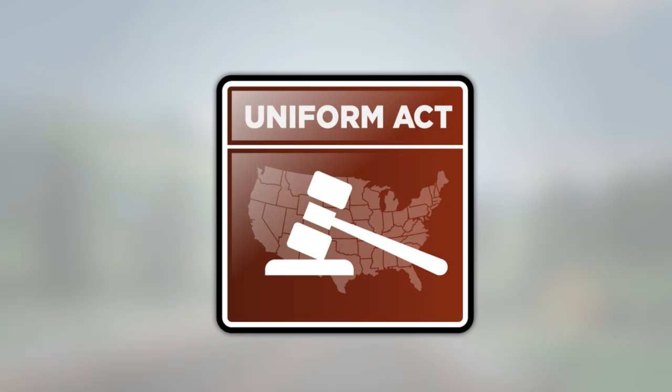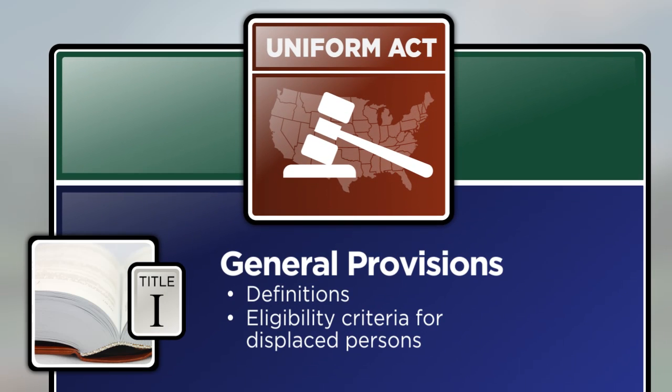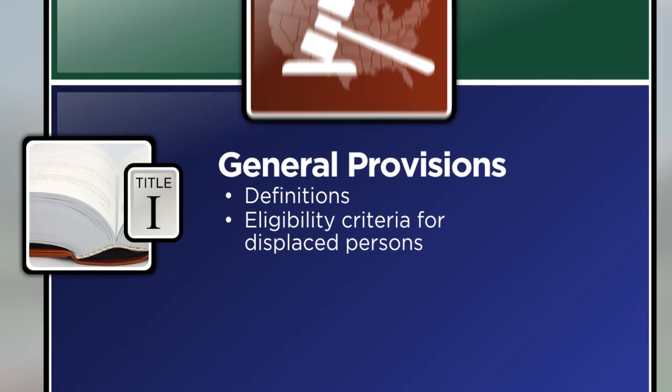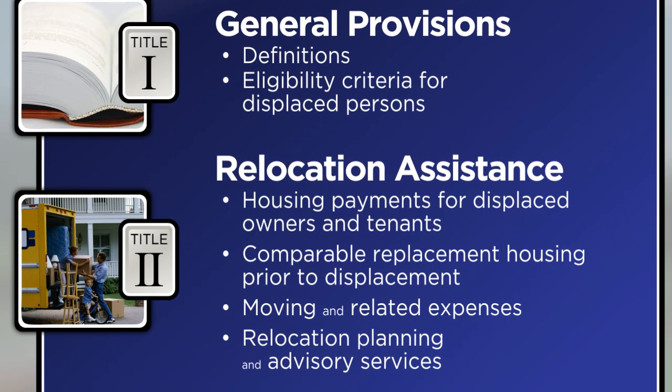The Uniform Act consists of 3 titles or parts. Title I, the General Provisions, contains definitions and eligibility criteria for displaced persons. Title II addresses relocation assistance. This part contains housing payments for owners and tenants and assures that displaced persons are provided with comparable replacement housing prior to displacement.